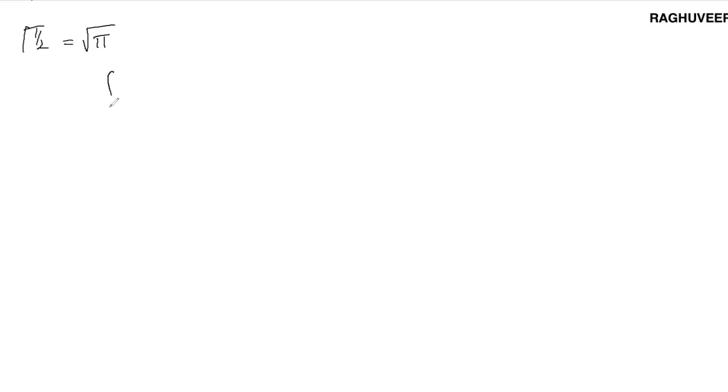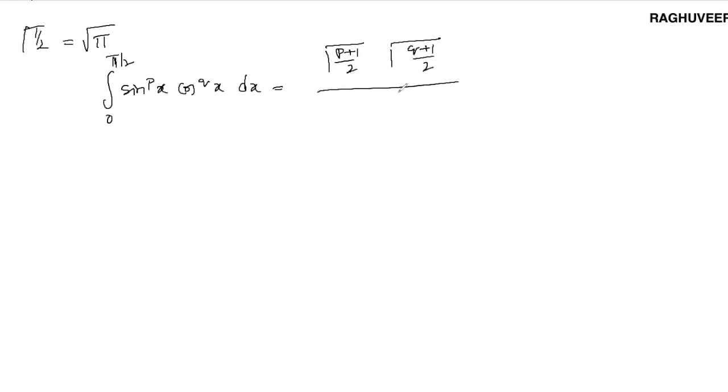So we know that integral 0 to pi by 2 sine px cos qx dx is equal to gamma p plus 1 by 2 and gamma q plus 1 by 2 divided by 2 gamma p plus q plus 2 divided by 2. Yeah, let us use this.